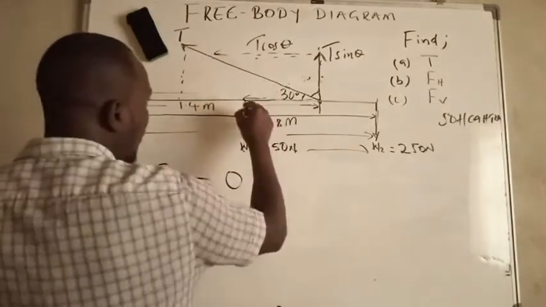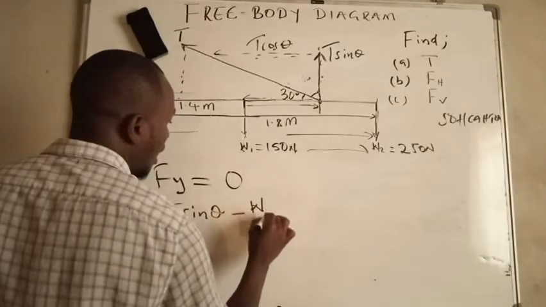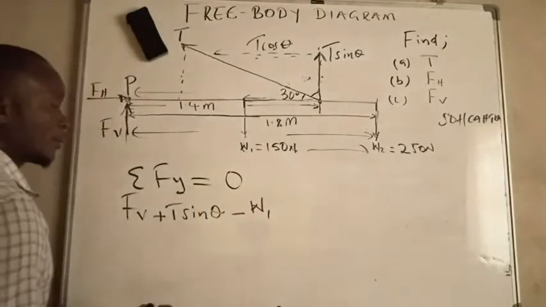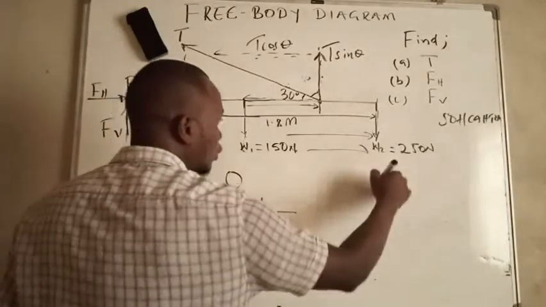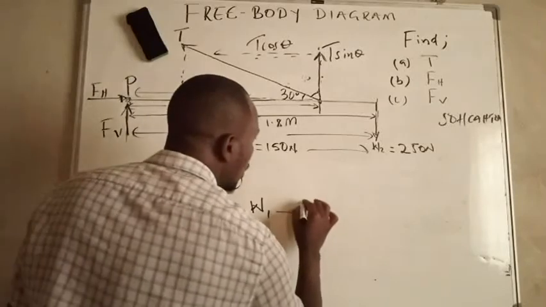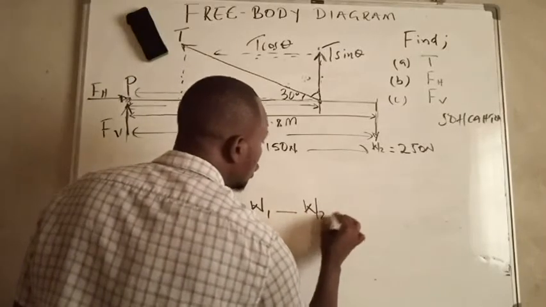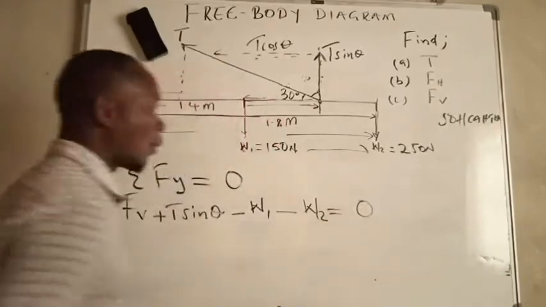Then we have this one pointing downwards, so minus W1, which is the weight one. Then minus W2, which is also pointing in the downward direction, must give us 0.